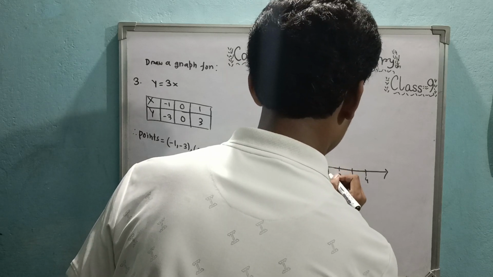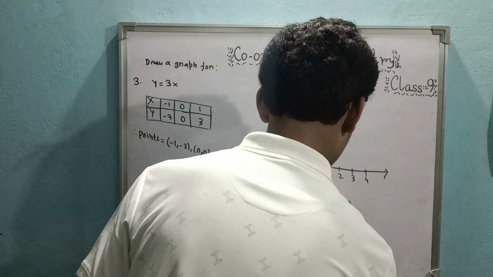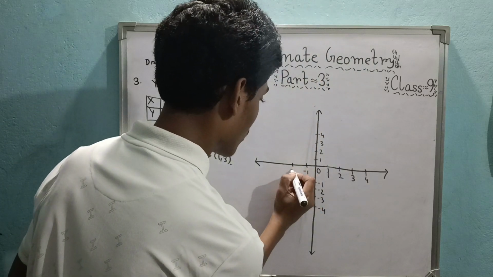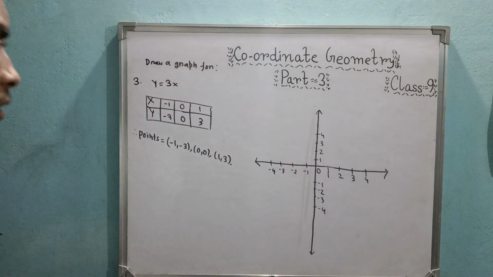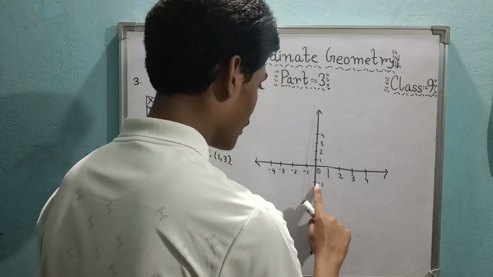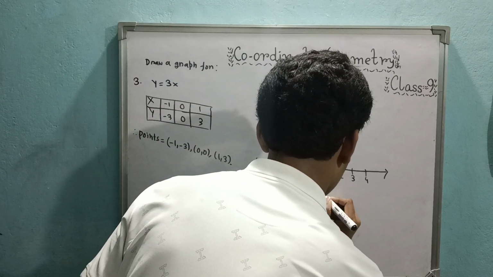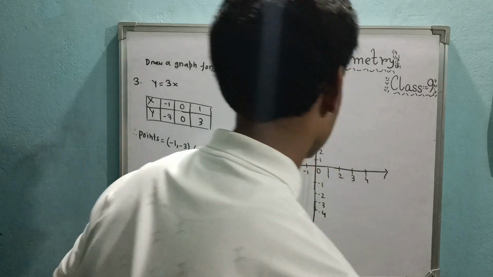Got rubbed out. -1, -2, -3, -4, -1, -2, -3, -4. So let this be the graph. Too little space for the poor little minus. Let it be like that.